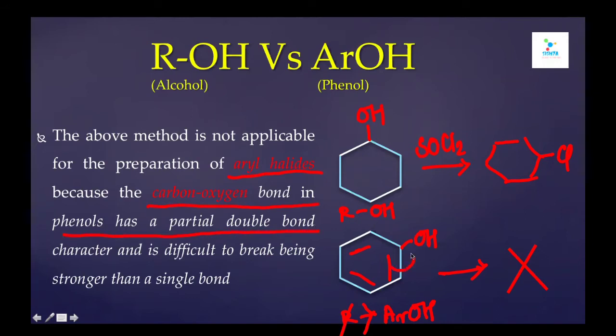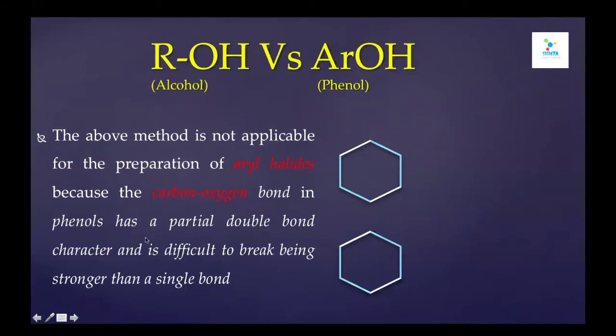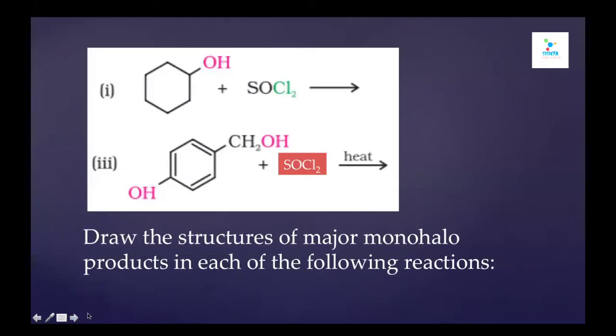If you observe, this electron pair will shift here, resulting in a double bond, and due to this double bond, they can't easily replace the OH group, except with PCl5.